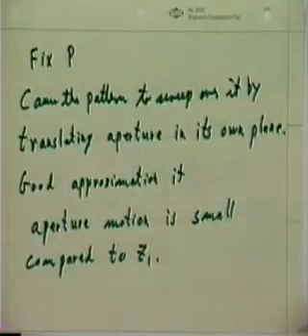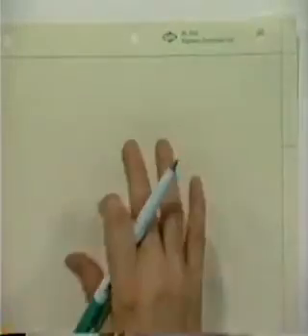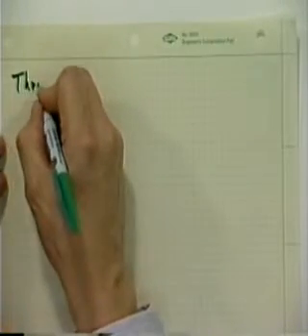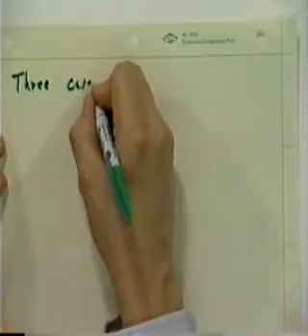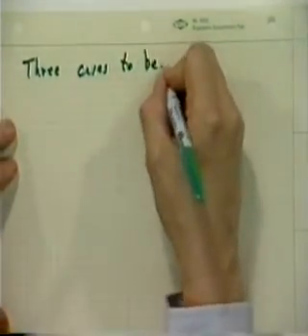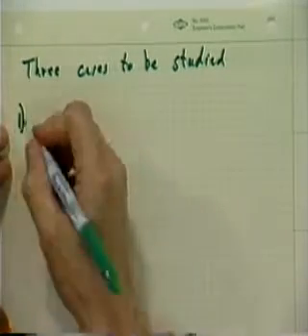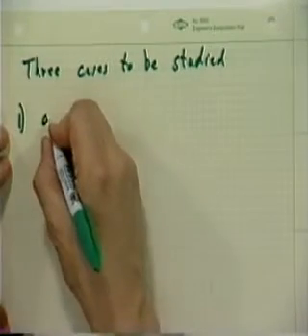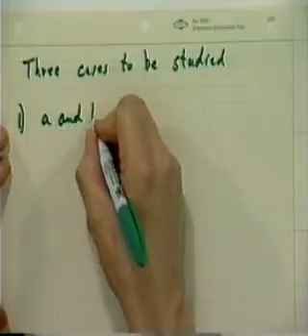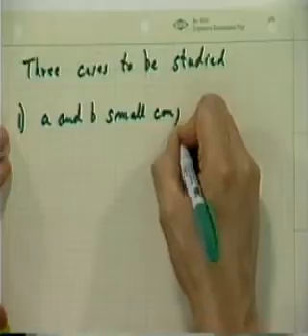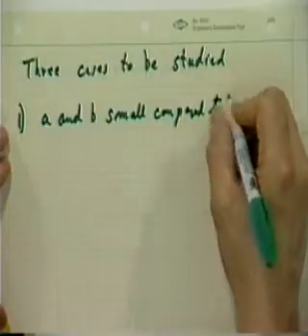Now, it turns out there are three cases that we can study here, three interesting cases anyway, using this approach. The first case will be A and B small compared to Z1.